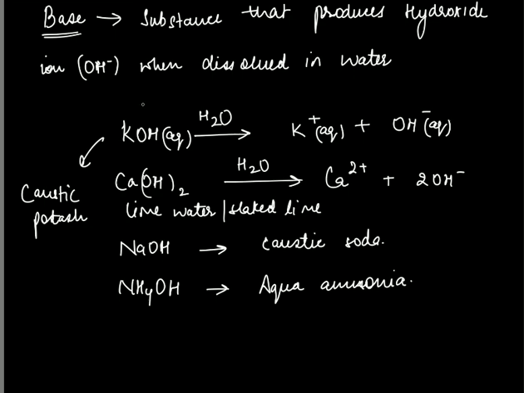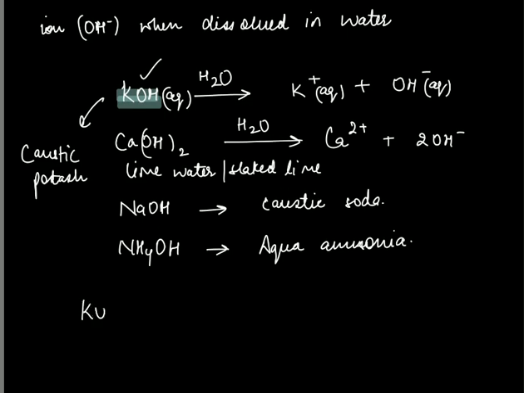Then, if we talk about potassium hydroxide, it is used specifically in alkaline storage batteries and for absorbing carbon dioxide. If you want to extract potassium hydroxide from any particular process, we can do it with the help of carbon dioxide. It will react with carbon dioxide to give you potassium carbonate and water.